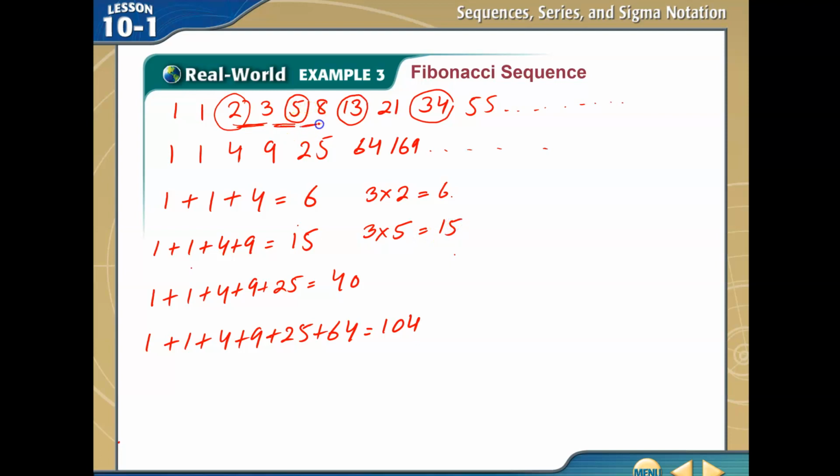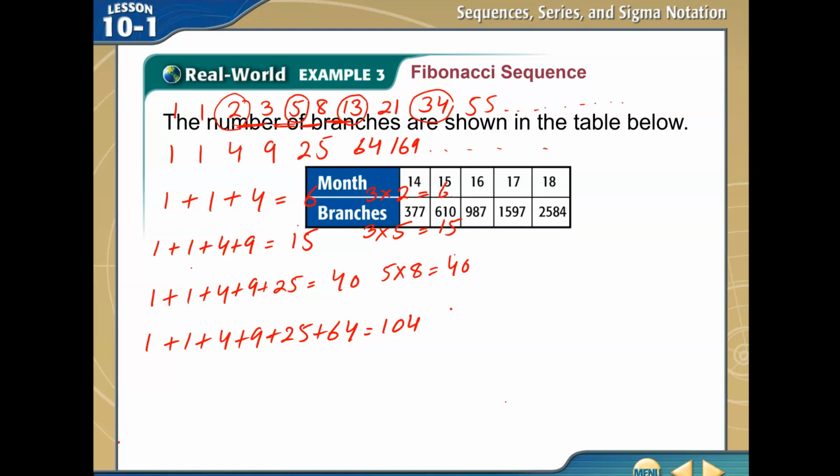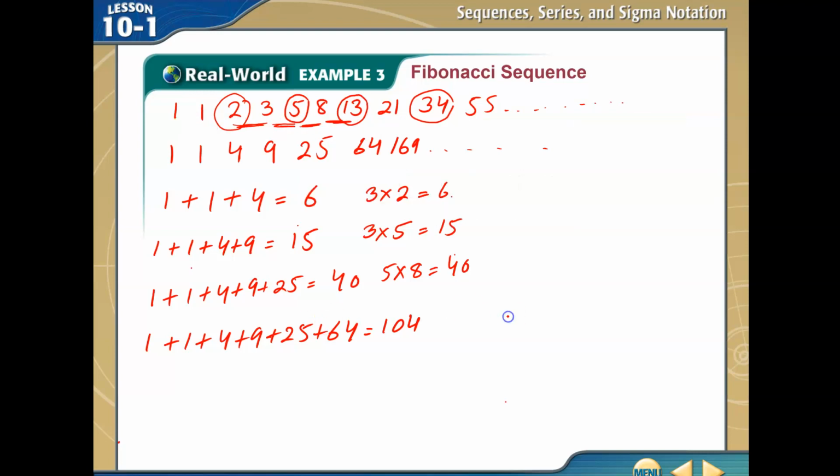Now the multiplication of these two numbers, 5 times 8 is 40. Okay, and then the next two numbers are 8 and 13. And then 8 times 13 is going to be 104. So you see, we found another pattern in the Fibonacci sequence.